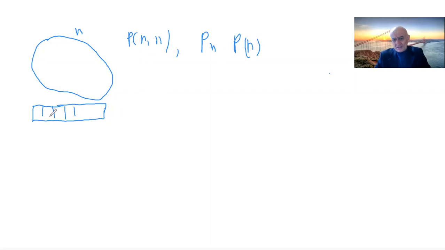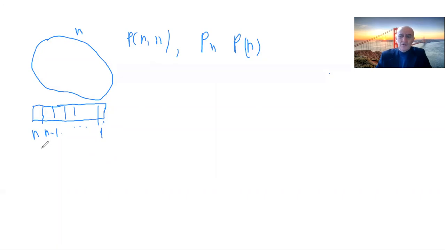How many permutations do we have here? In the first slot, we have n choices. In the second slot, we have n minus 1 choices, because one element we already used in the first slot, and so on. In the last slot, we have one choice.